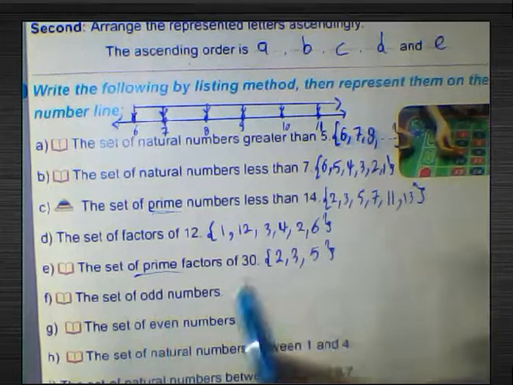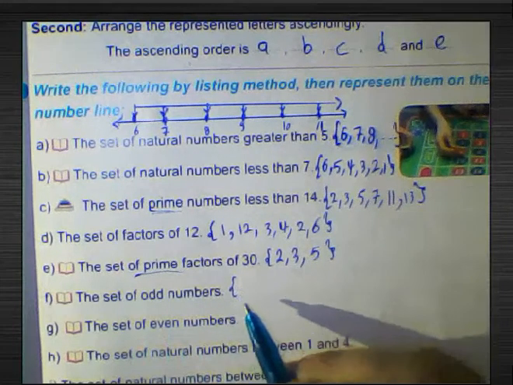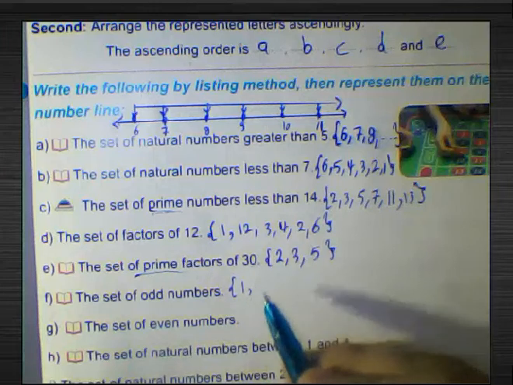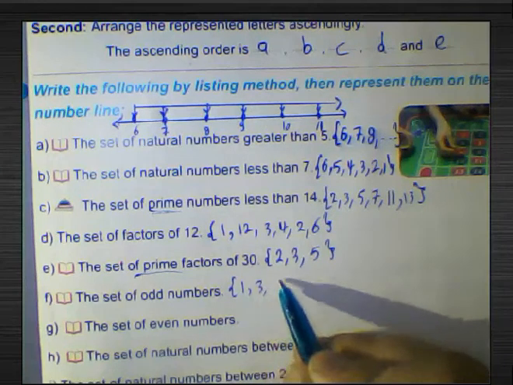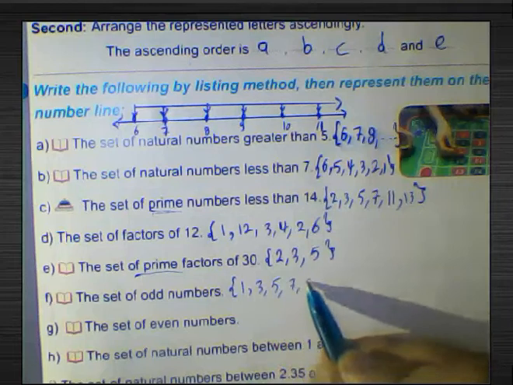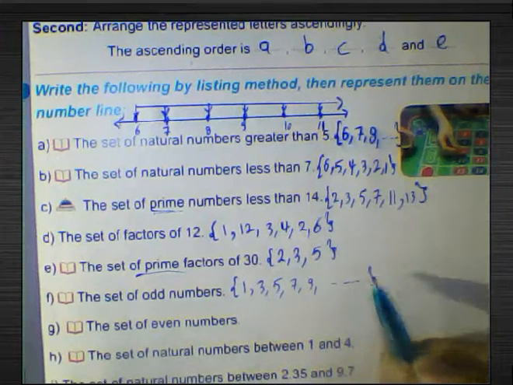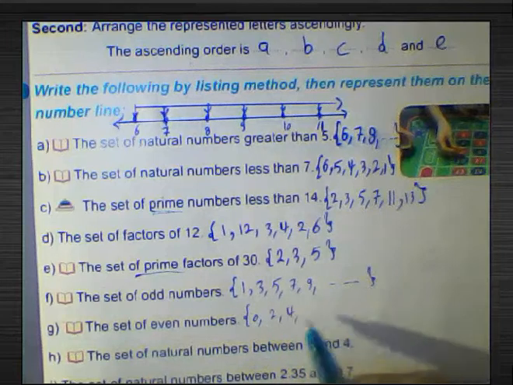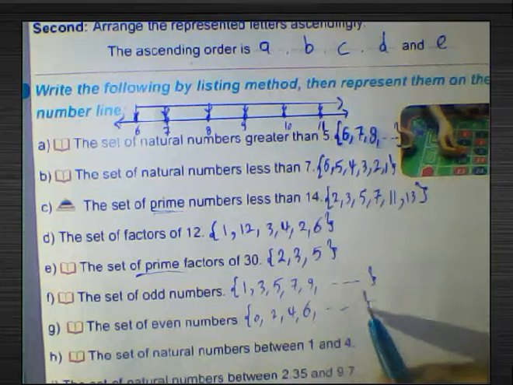The set of odd numbers. Odd numbers are an infinite set, beginning with 1 and adding 2: 1, 3, 5, 7, 9, and so on. Set of even numbers: 0, 2, 4, 6, and so on. It's infinite.